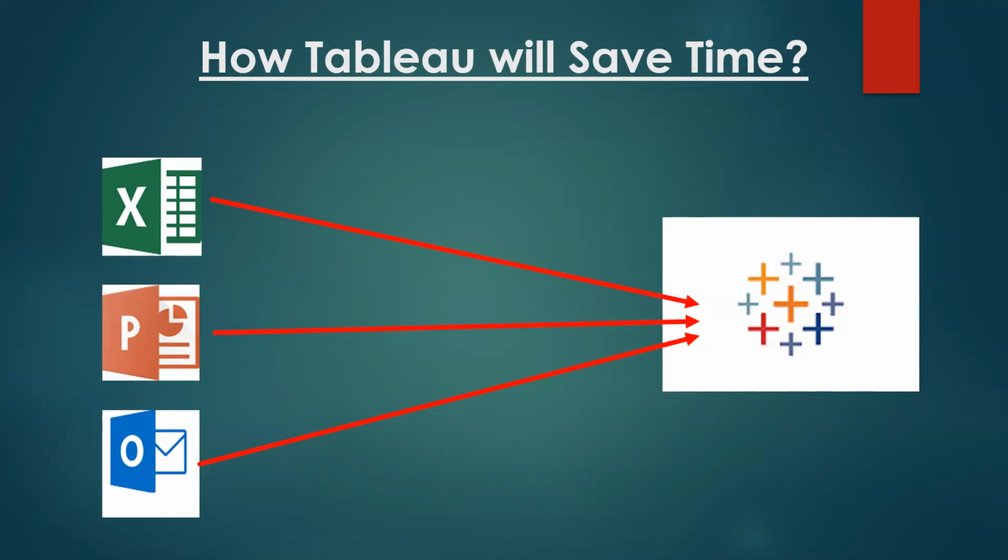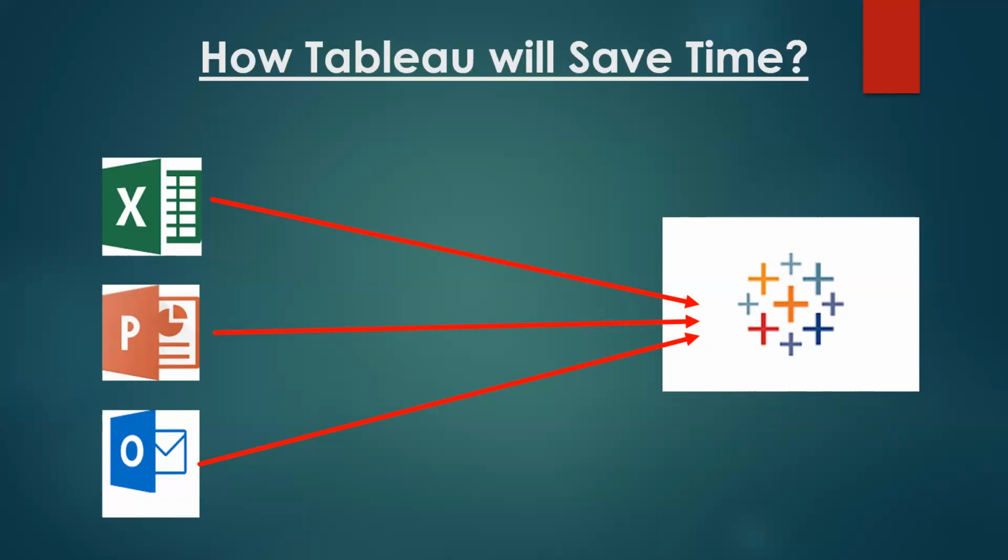In Excel, we do tasks on a daily, monthly or quarterly basis. Everything can be done very easily by Tableau by just updating the data and clicking on the refresh button, and that's it, the work will be done. Tableau can also automatically create a presentation for us by just clicking on two buttons.